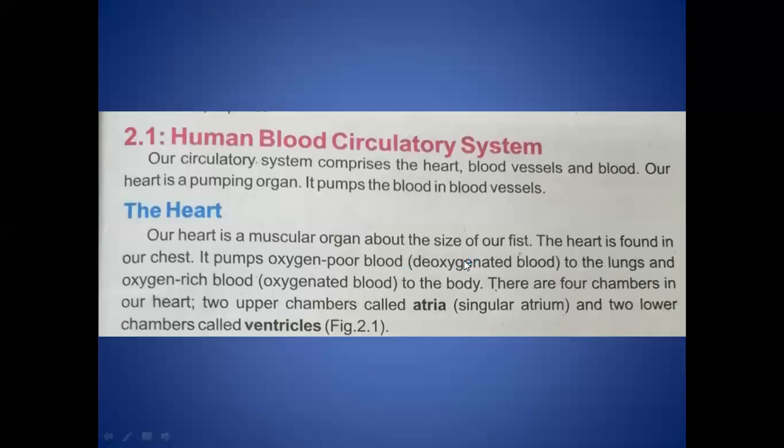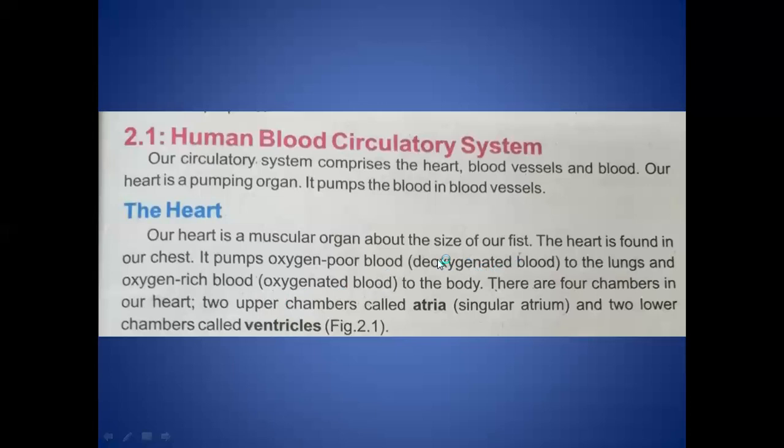Our body needs oxygenated blood, because for the final digestion of food in the cells, the food needs oxygen. So oxygenated blood is rich in oxygen, and deoxygenated blood is rich in carbon dioxide. Which blood does our body need? Oxygenated blood. Clear?